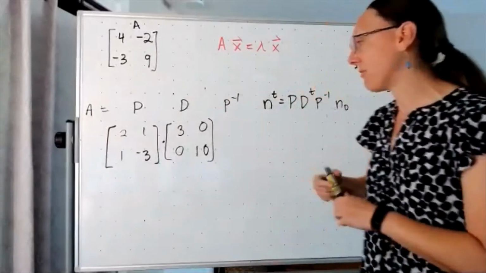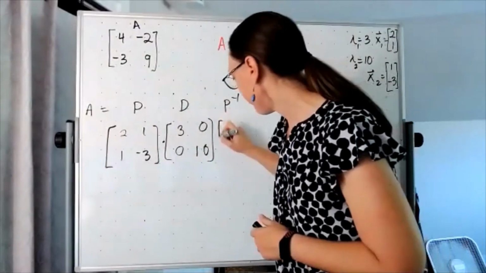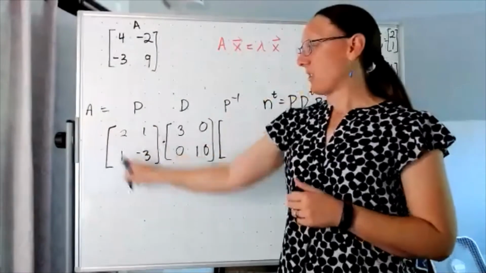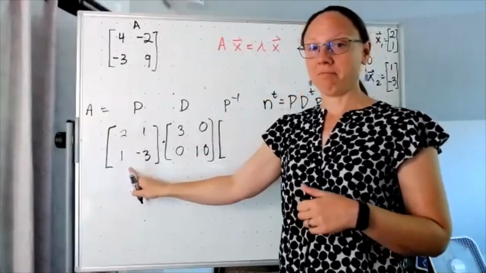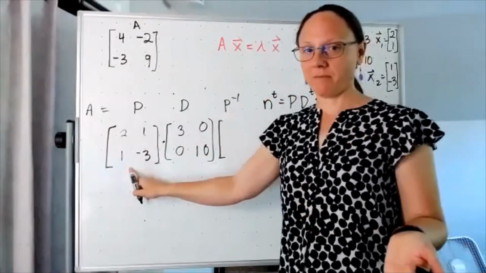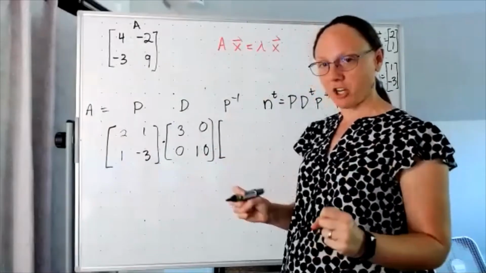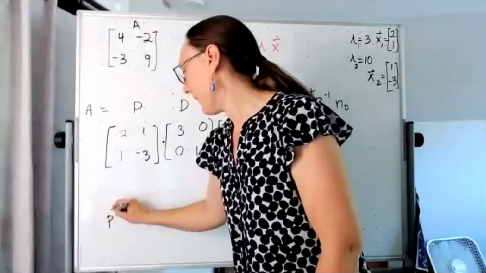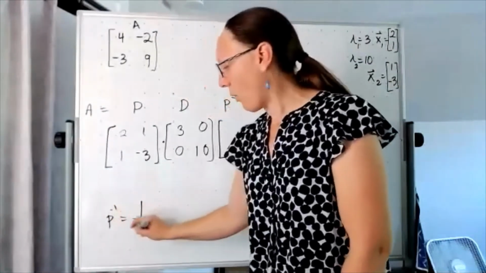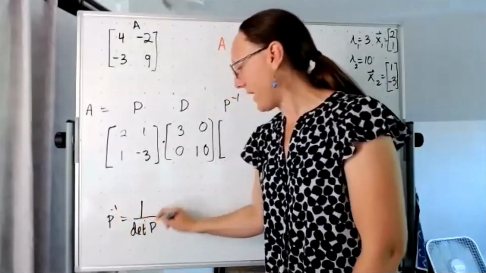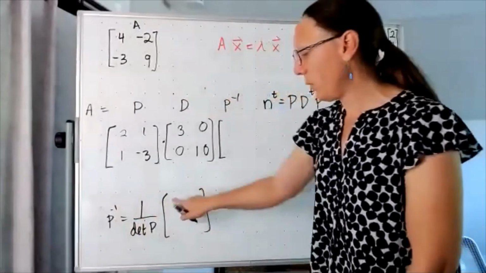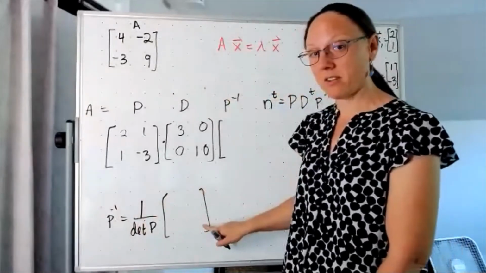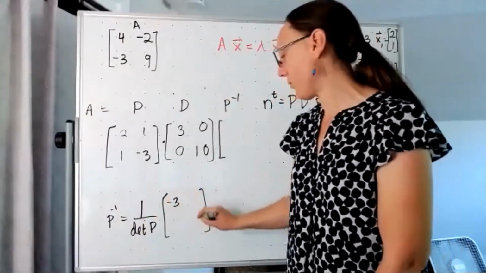Now this P inverse matrix, that's literally taking this matrix and finding its inverse. Just as a refresher, we've got a formula for finding the inverse. To get P inverse, I want 1 over the determinant of P. We swap the diagonals, so that'll look like -3, 2.